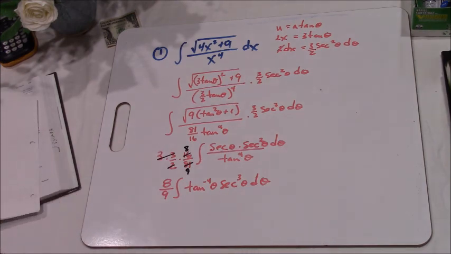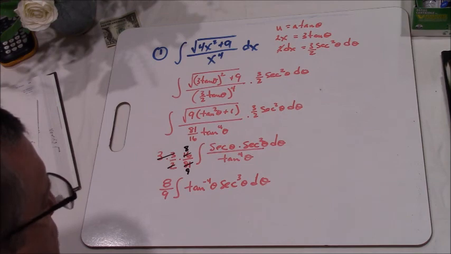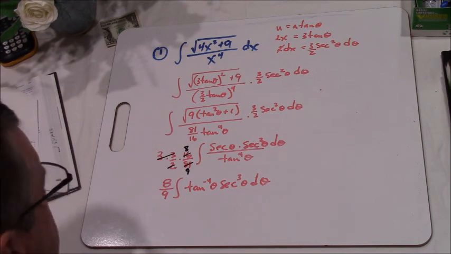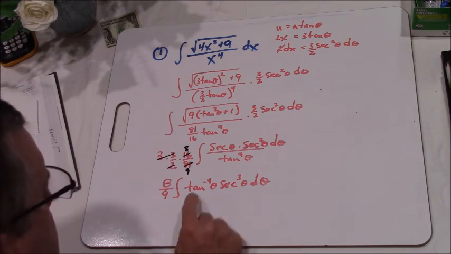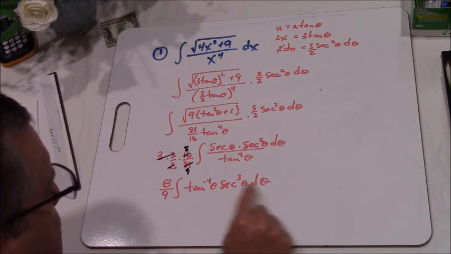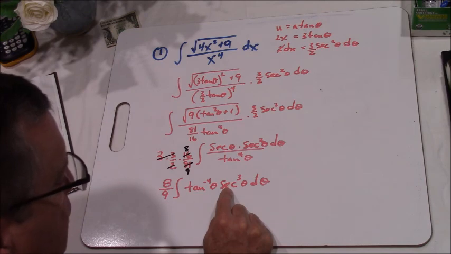So this looks like one of those integrals we did in the previous section, where I would look at this and try and make sure I had the derivative. So let's see, the derivative of tangent is a secant squared. So if I pulled a secant squared out, could I change that remaining secant into a tangent?